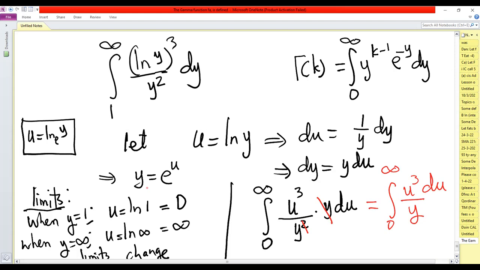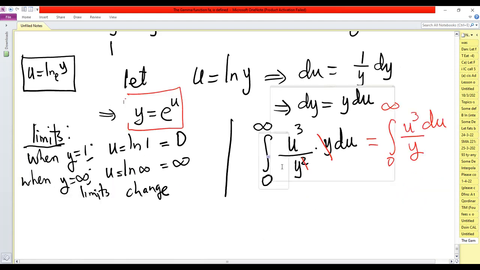But you see y is given by e raised to the power u. So we'll have the integral from 0 to infinity of u to the power 3 over e raised to the power u, du.